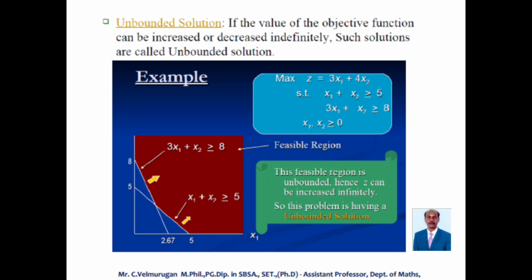So this problem gives an unbounded solution because the z value keeps increasing and we don't get any particular value. Since it goes above infinitely, we can't say a particular value is the maximum, so this kind of problem is unbounded.